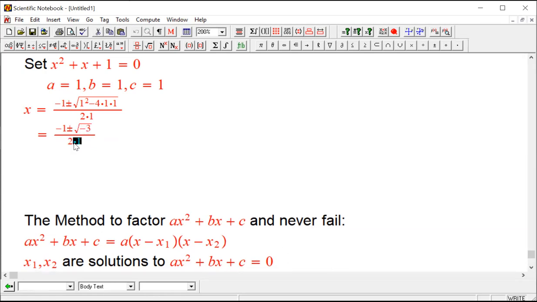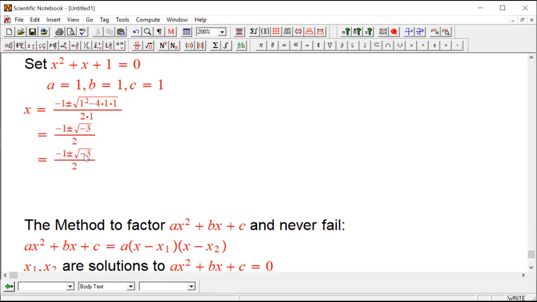Now 2 times 1 is 2. And it looks like we're entering the complex number territory. So we're gonna have root 3 times root of -1, and root of -1 is an i, so we put the i over here.